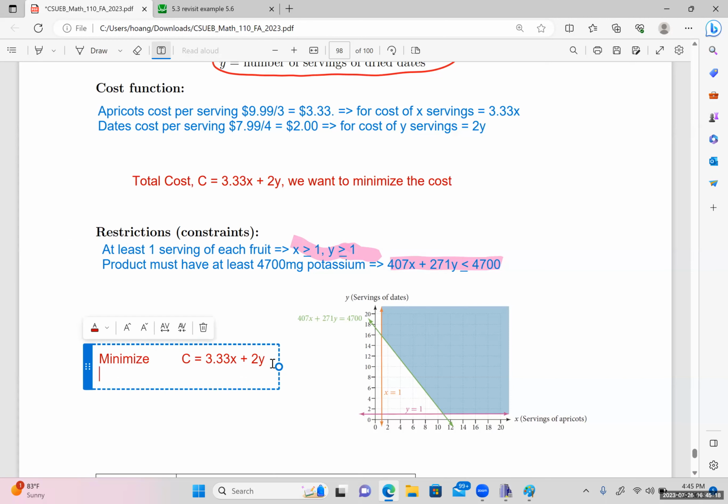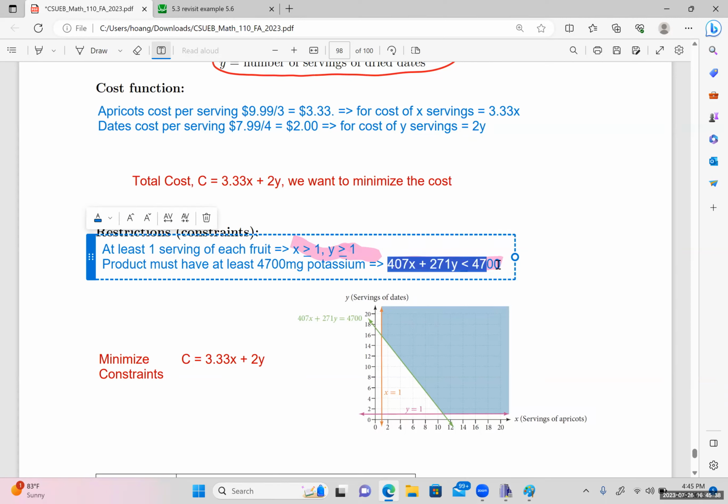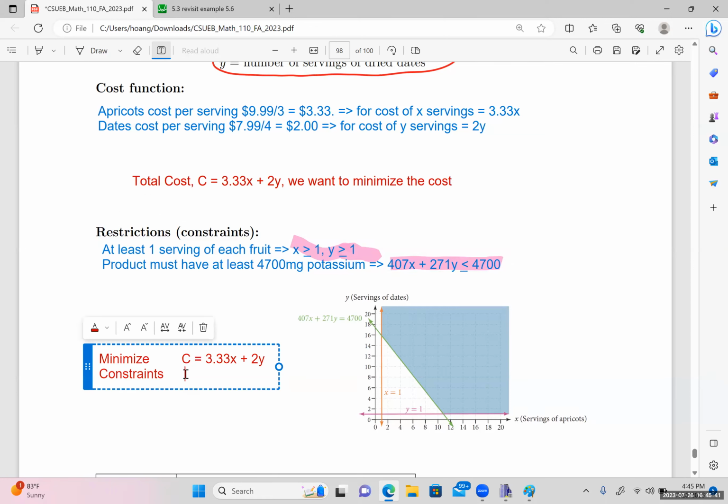Minimize this with the constraints. The constraints are going to be, copy this one, and x must be greater than or equal to 1, y must be greater than or equal to 1. Okay, so this is what I have.